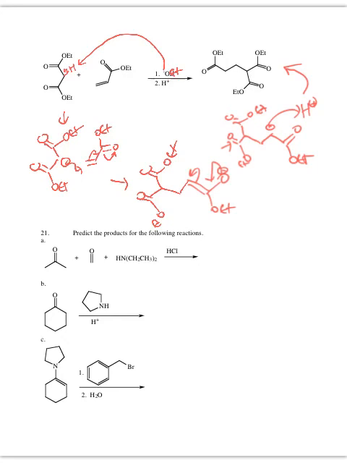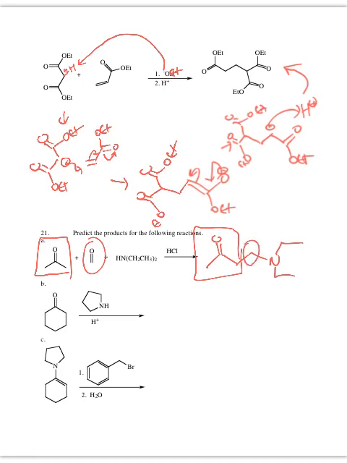So down here we have some reactions. In the first one, we end up with the equivalent of acetone being on the end, and then the carbon from the formaldehyde being here, and then our nitrogen on the end.